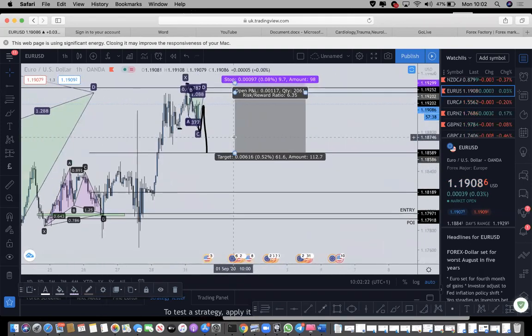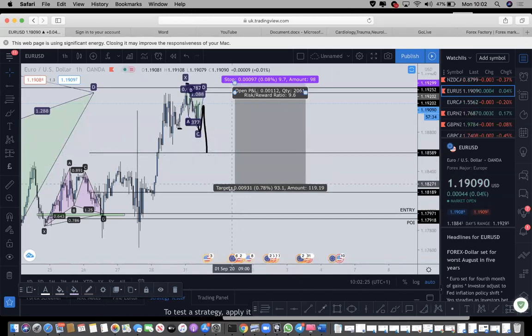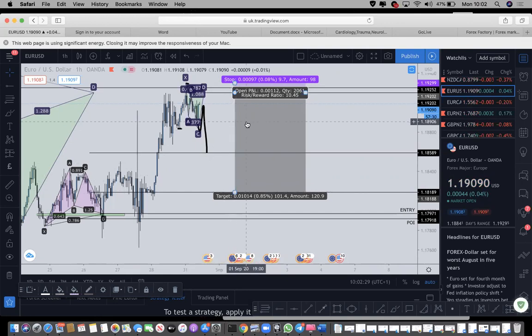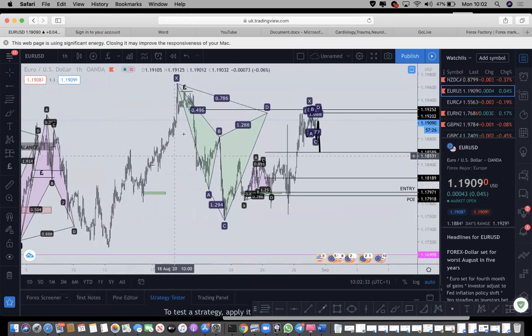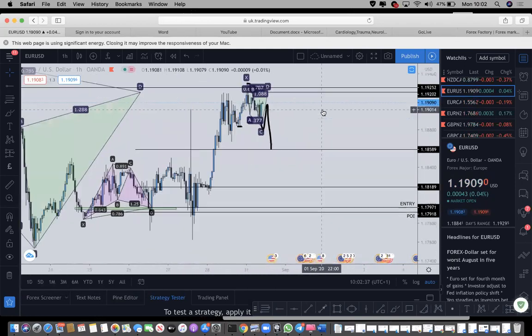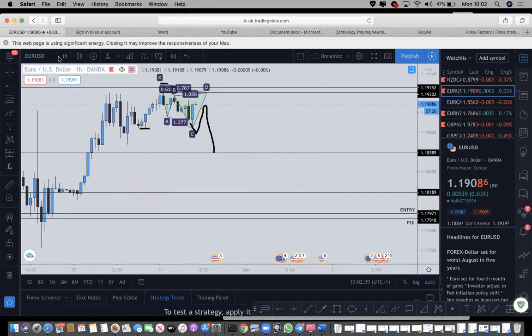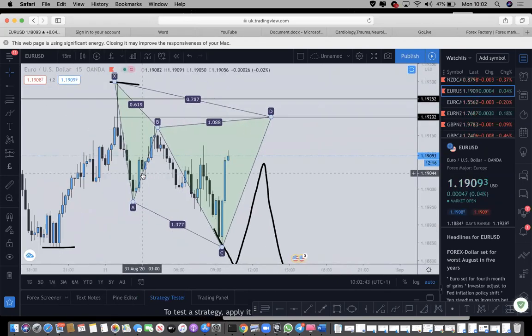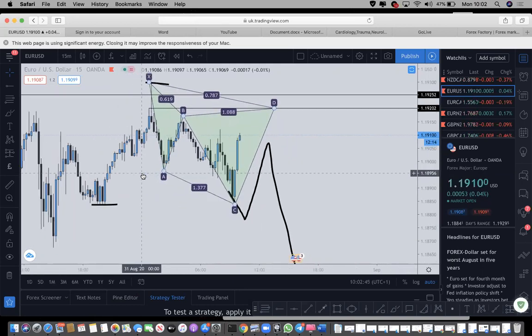That'll be 1 to 6 for TP1, and TP2 will be 1 to 10. I have this set up in the Harmonics group. So once you get your entry, you know where to put your TPs. So that's that on Euro USD.